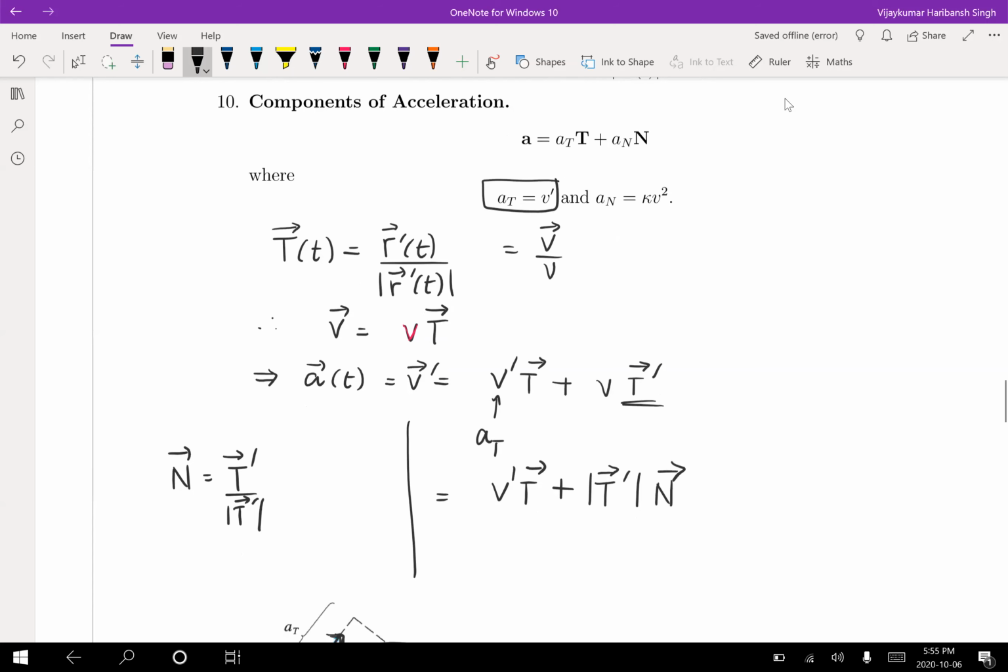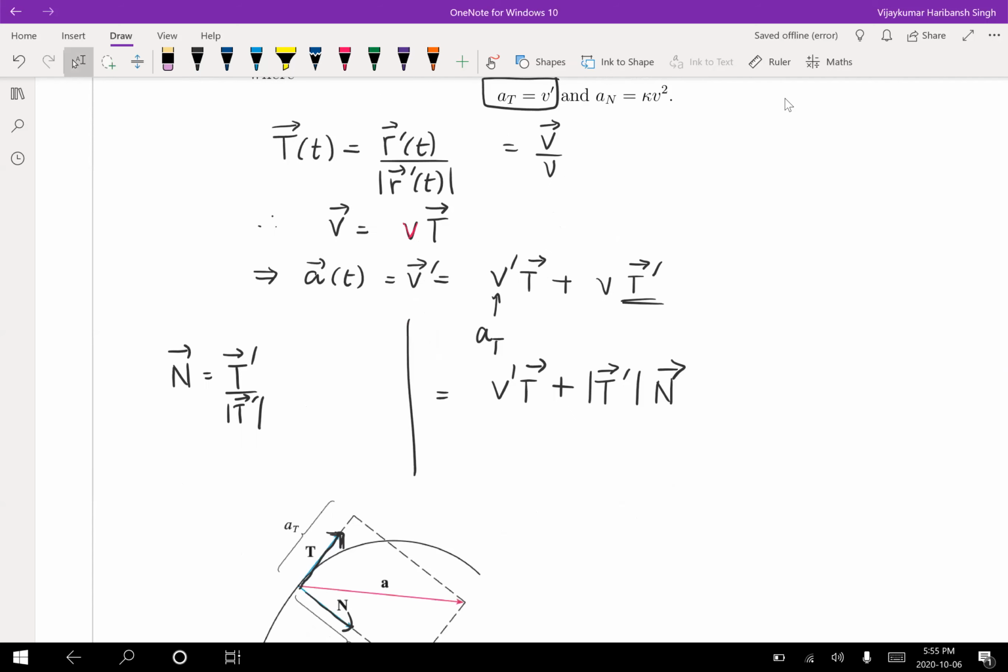All right. So now we have, however, T prime is this guy, but recall, what was our k? The curvature k was the length of T prime divided by the length of r prime.